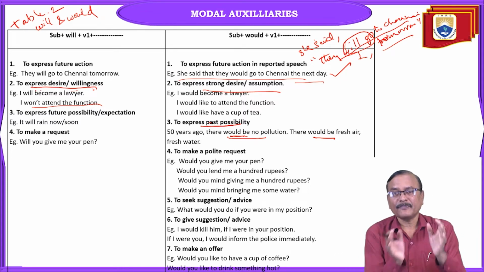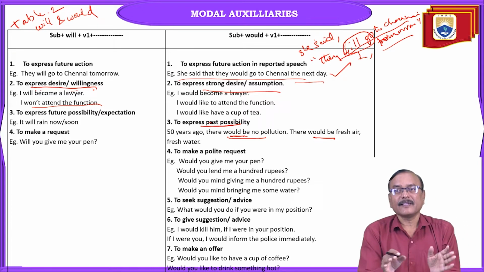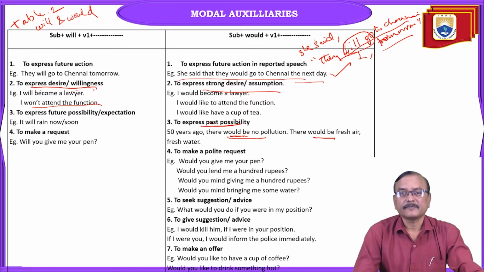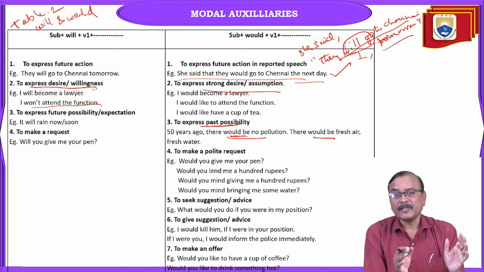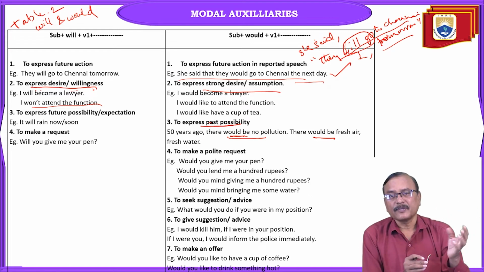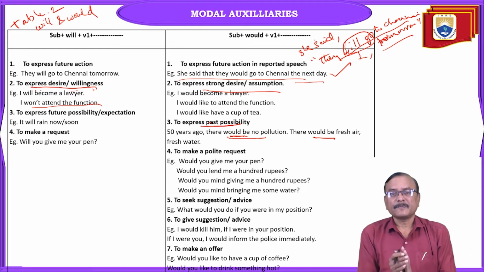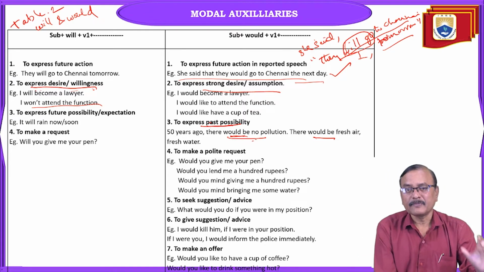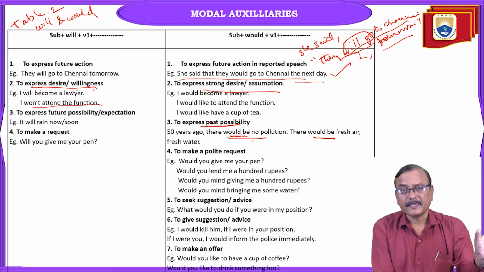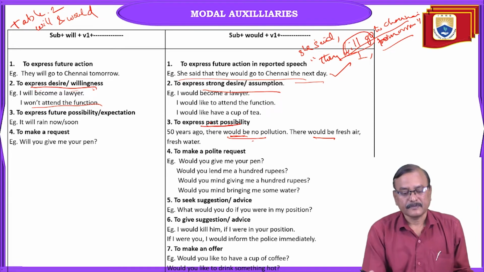If I speak of only past possibility, I can use would plus V1. And if I am sure, we can use simply the V2 form. If I speak of only past possibility, would V1. If I am certain, 100% guarantee, just the V2 form for past actions.